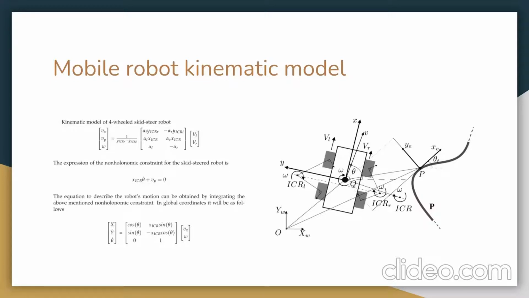However, with the help of the non-holonomic constraint for the skid-steered robot, we replace vy with negative x ICR multiplied by theta dot, where theta dot is the angular velocity. And on the third system of equations, you can see the already upgraded kinematic model.